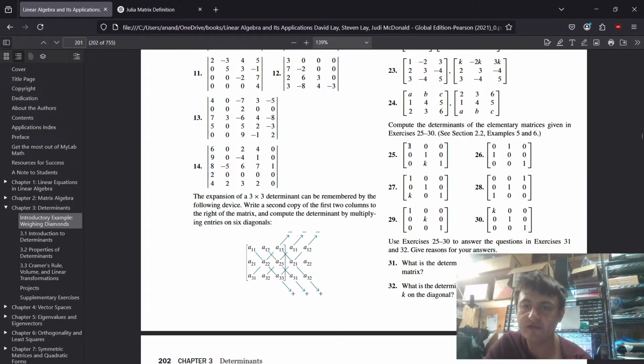So we take this cofactor expansion so that we have 1 times the determinant of this 2 by 2, which is going to be 1 minus nothing. So, wait, really?